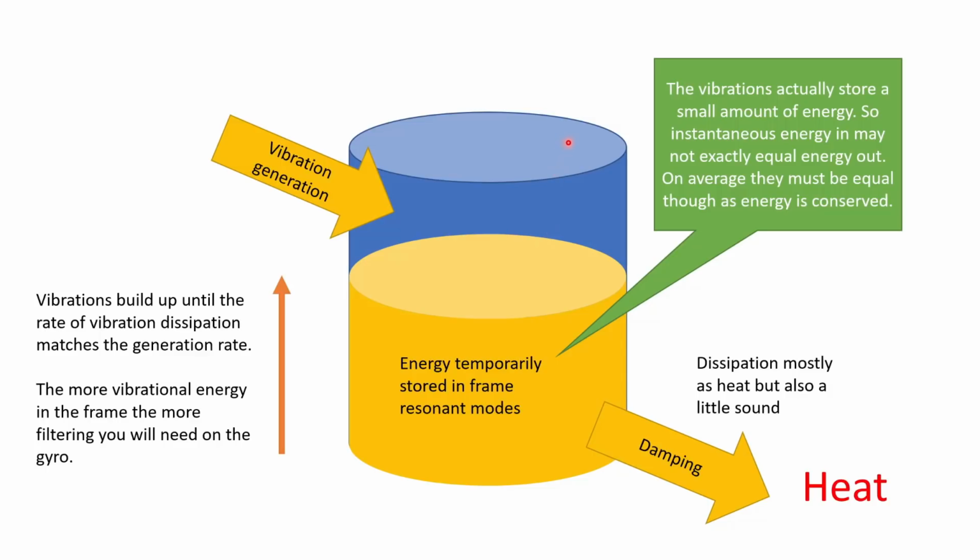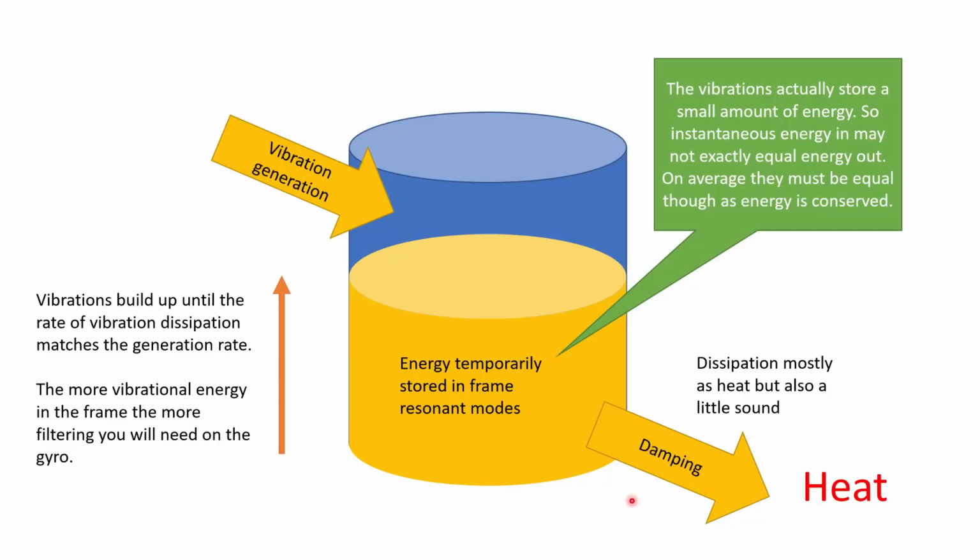If you imagine that this reservoir here, this barrel, is the vibrational energy that's stored in the resonant modes of the frame as it's vibrating in the air, then we have motors, props, and aerodynamic effects that generate vibration, and that is adding vibrations into this barrel. It's adding vibrational energy into the frame resonance modes. And then we have damping effects that dissipate vibrational energy as heat, and that's causing vibrational energy to leave the frame.